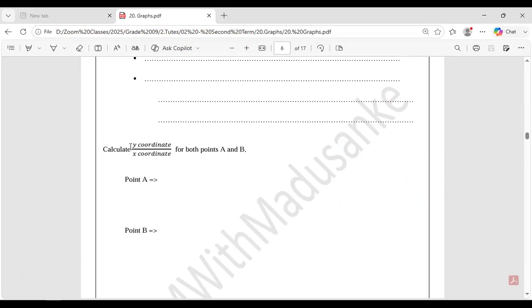Calculate y coordinate divided by x coordinate for both points A and B. So I have taken point A as 2, 4. Point B, I have taken it as minus 1, minus 2.